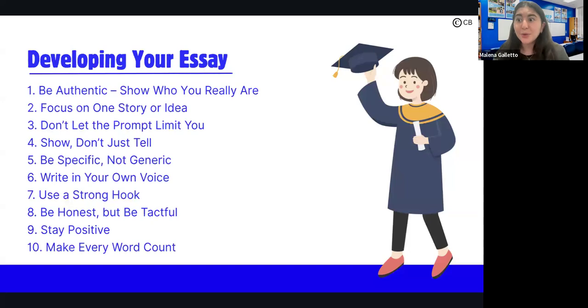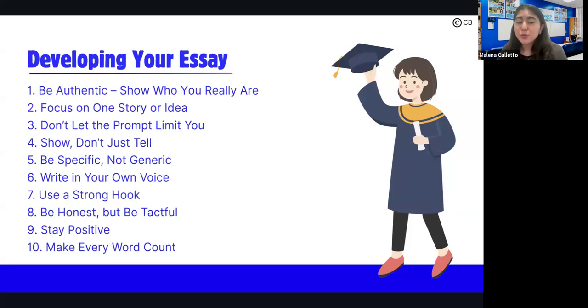And literally, you don't want to have somebody literally write it for you, because that's going to translate when people are reading it, especially the admissions officers who read many, many, many essays. When something is not genuine, it stands out in a bad way. We want to stand out in a great way, you know? So be authentic. Talk about what you want to talk about, what you're passionate about, the things that you care about, and let that show in your writing.